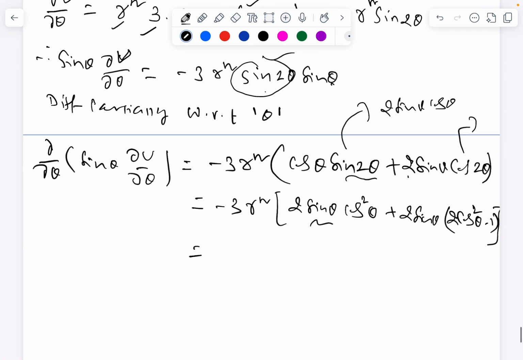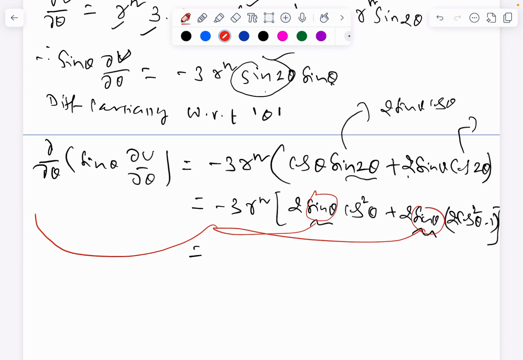So now here sine theta is there, here also sine theta. So let us take sine theta outside and we can take it on the left side.